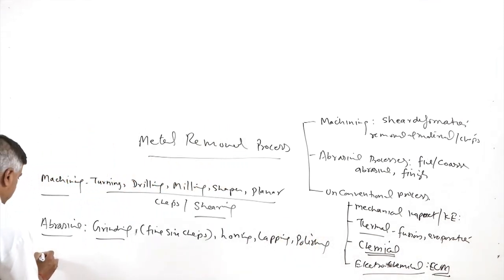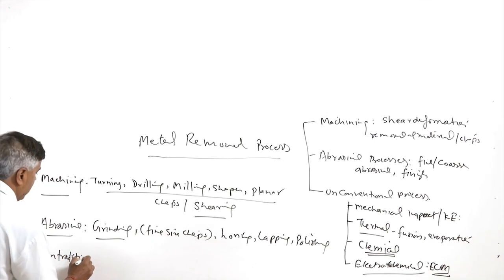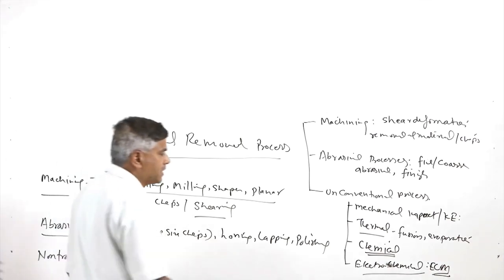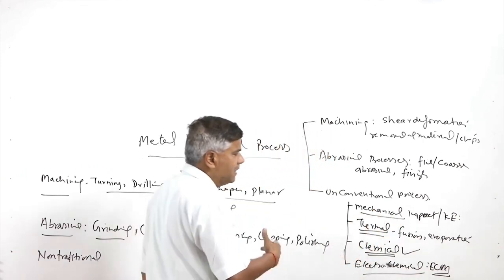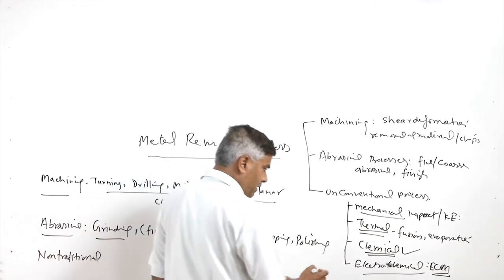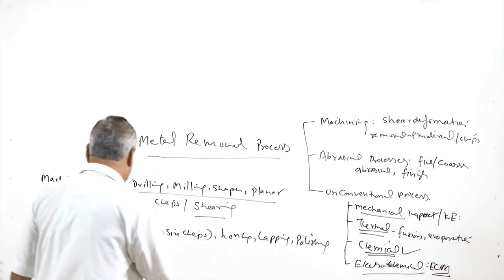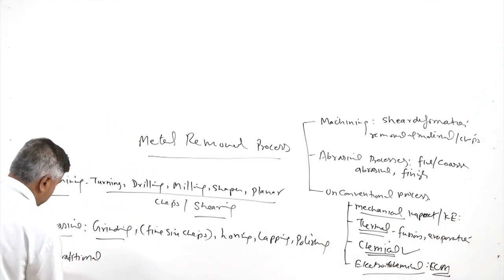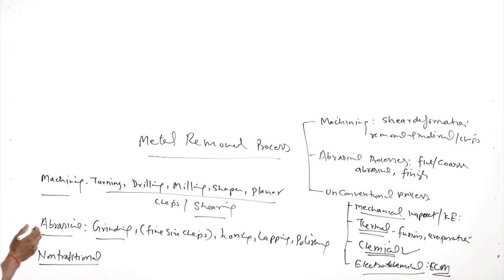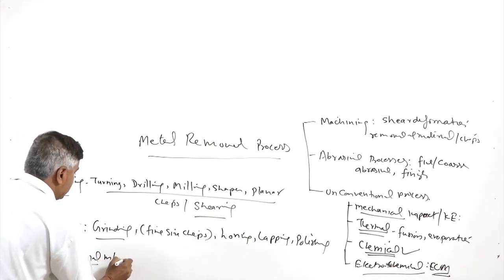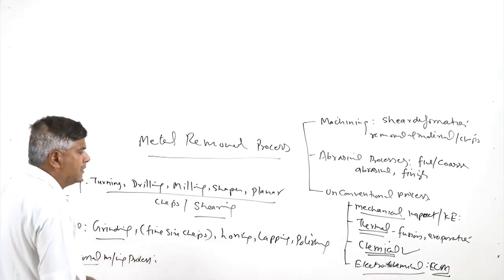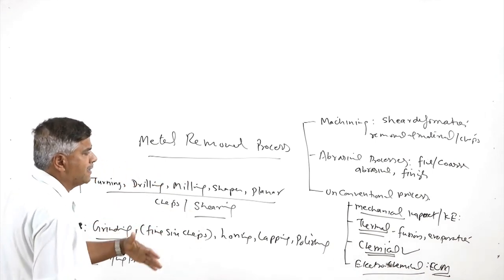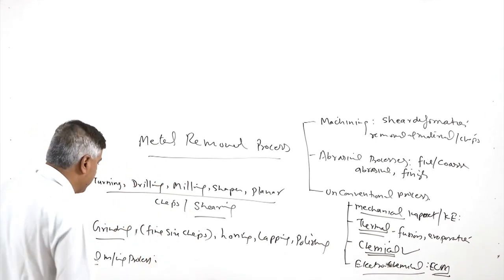And then under the non-traditional machining processes or unconventional machining processes, either chemical reactions are used, or thermal energy is used, or mechanical energy in the form of impact and high kinetic energy is used, or electrochemical reactions are used. There are a number of non-traditional machining processes which are based on a variety of approaches like mechanical energy, thermal energy, chemical and electrochemical approach.